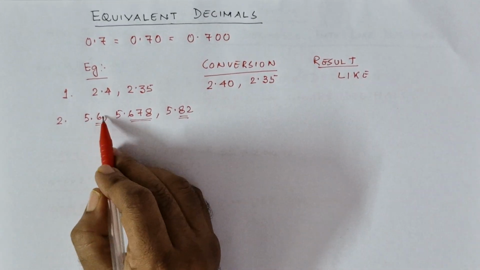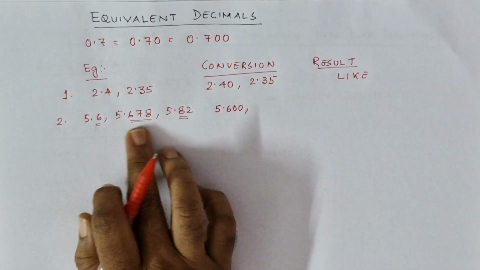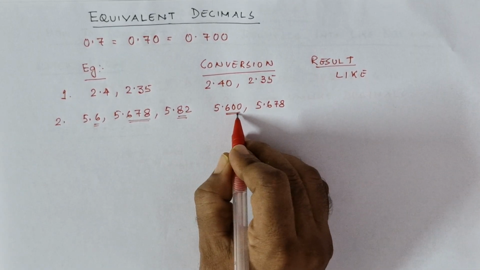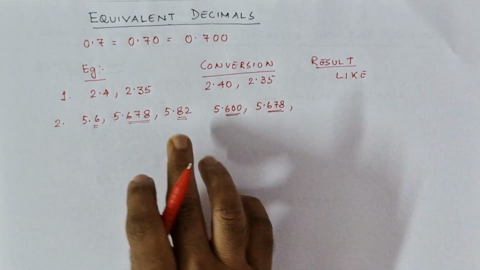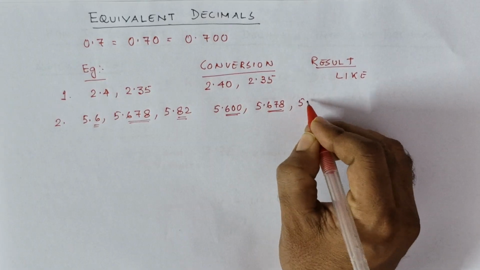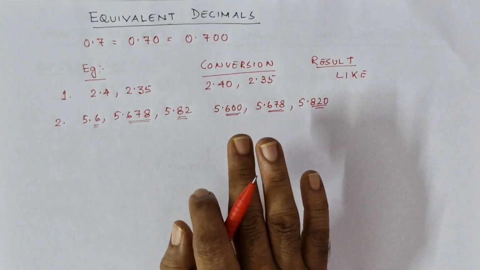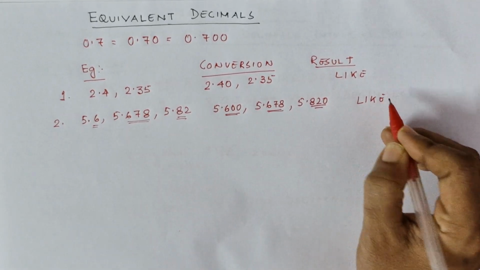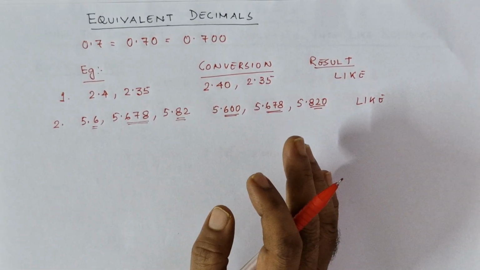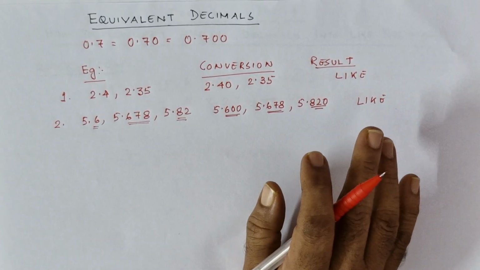We'll add 2 zeros here, so 5.600. 5.678 remains the same, already 3 decimal places. I have to convert 5.82 to 3 decimal places, just add 0 after it. So this becomes 5.820. The number of digits after the decimal are now all equal, so they have been converted into like decimals. We are just converting them into equivalent decimals when we convert unlike into like. Got it?